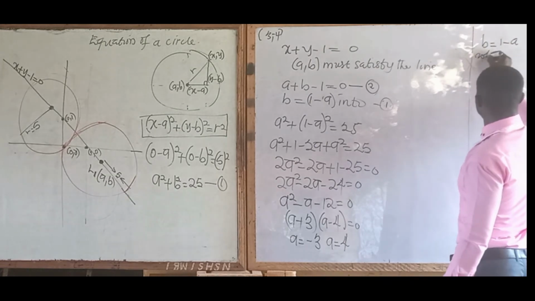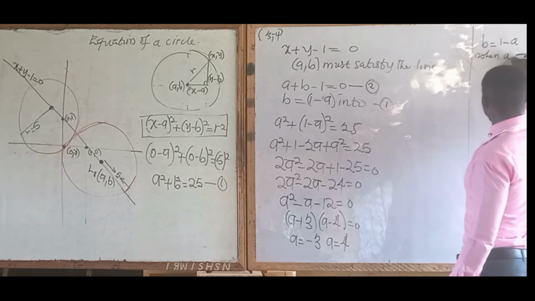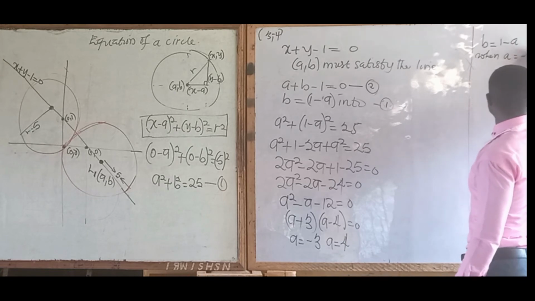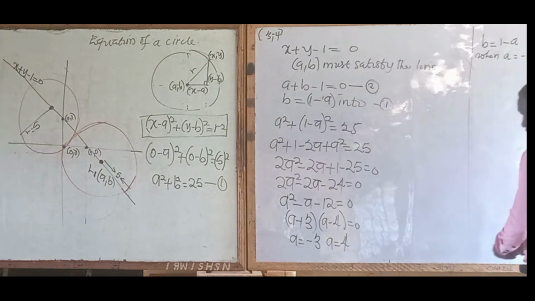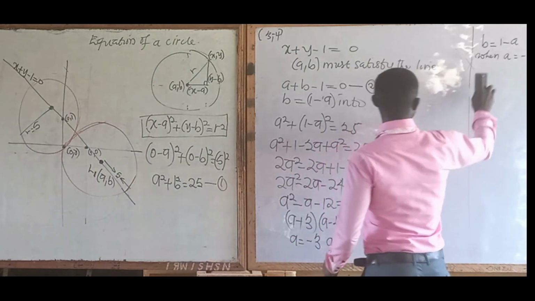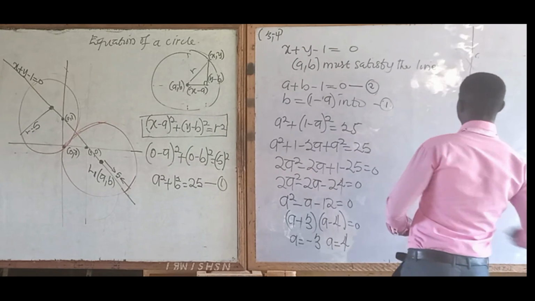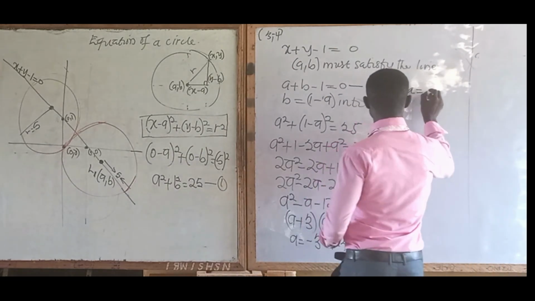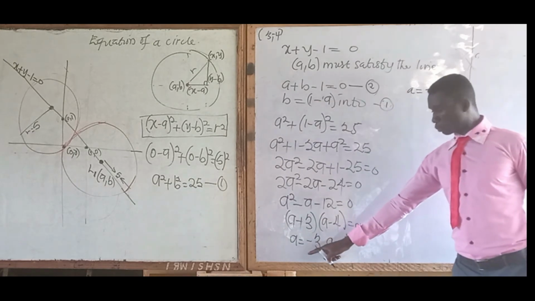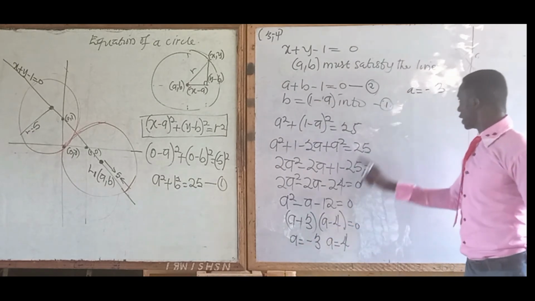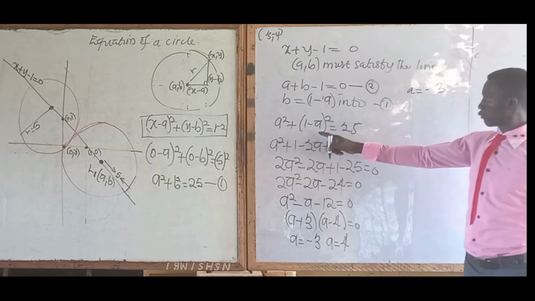So when a is equal to negative 3, because we have two values for a, let's find the corresponding value for b.